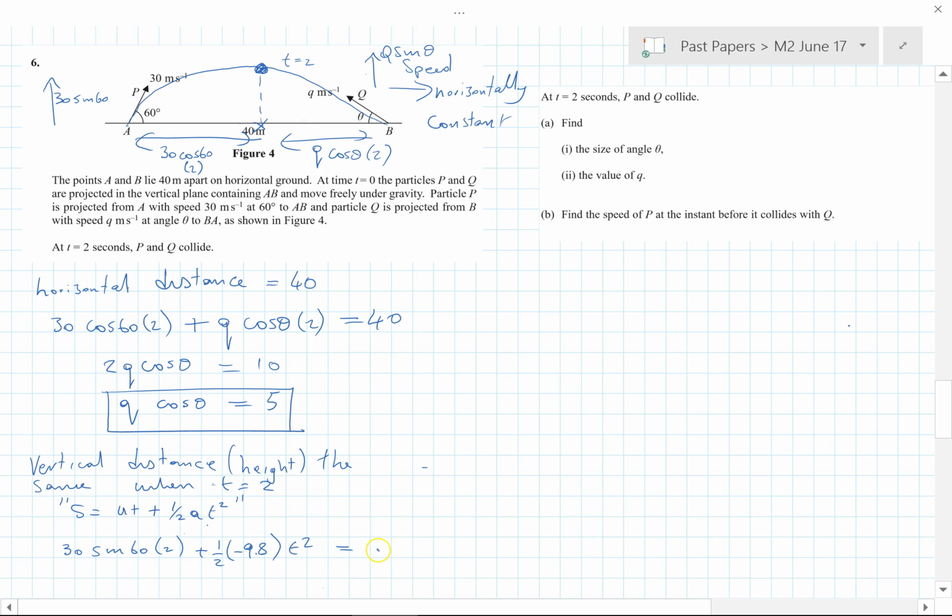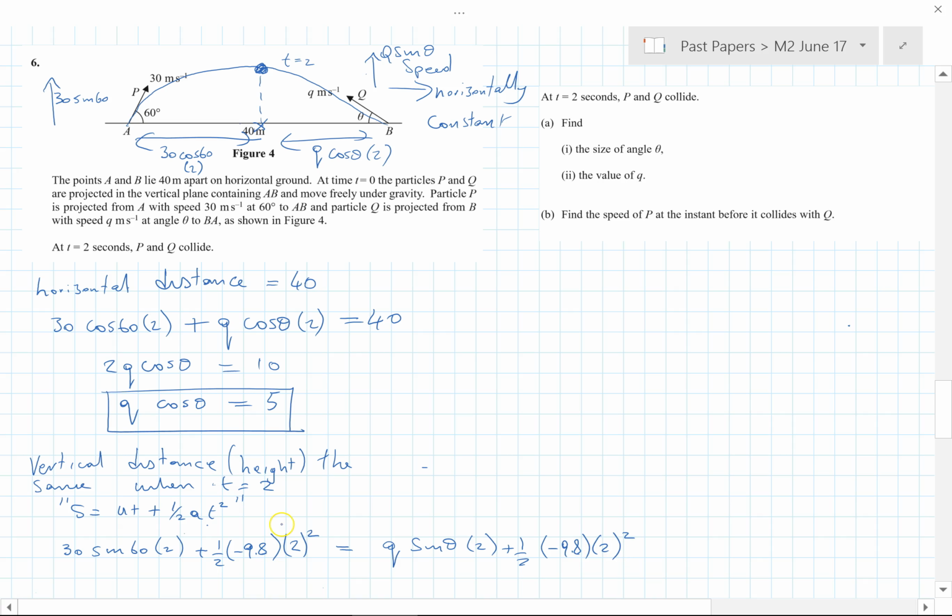So that's q sine theta times 2 plus a half times minus 9.8 times 2 squared.